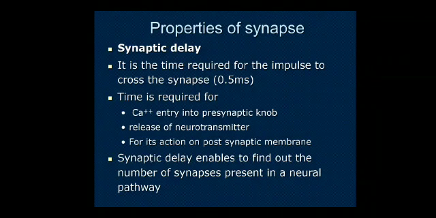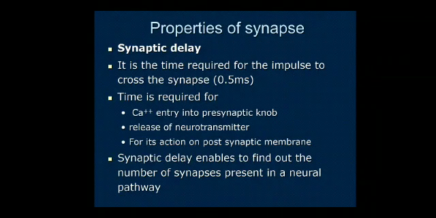When the impulse travels from presynaptic to postsynaptic, there is some time required for the transmission to the postsynaptic neuron. That duration, that time, is called synaptic delay.